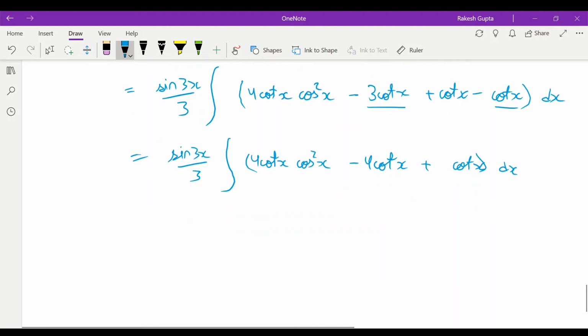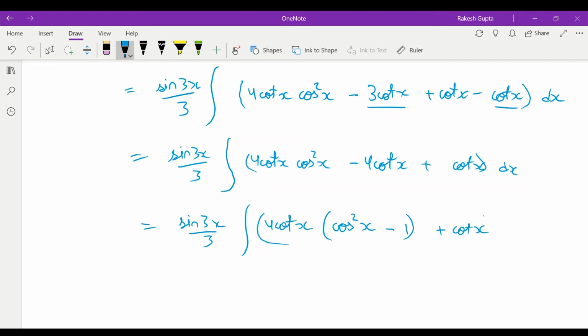Then I take 4 cot x common, write it as cos square x minus 1 plus cot x whole thing dx.